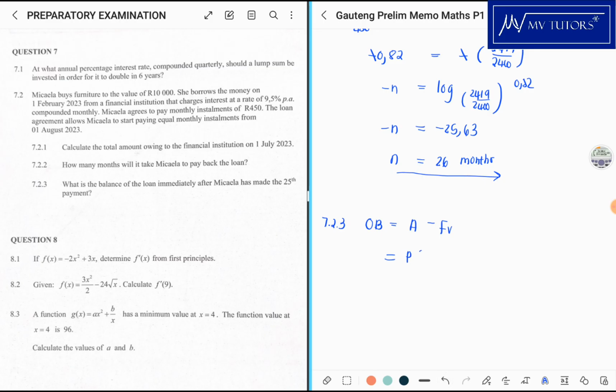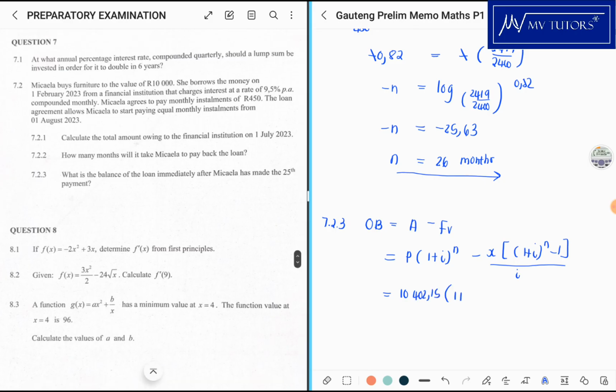So remember here we have P, 1 plus I to the power n, and for the future value we have x times 1 plus I to the power n minus 1, all over I. What is the principal amount? Remember, it grew, so it is 10,402.